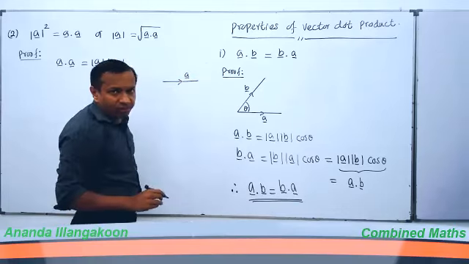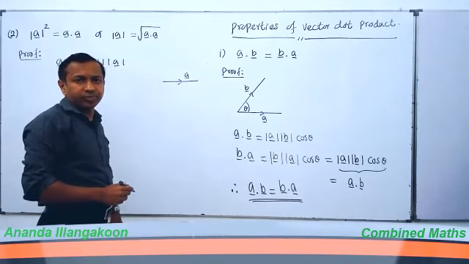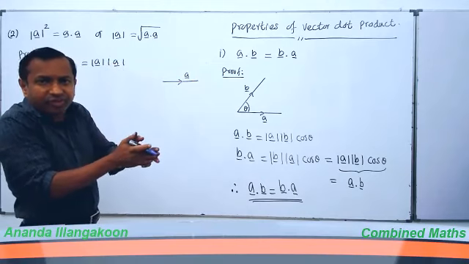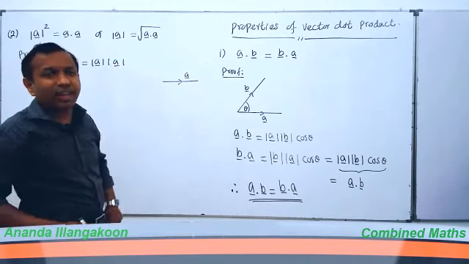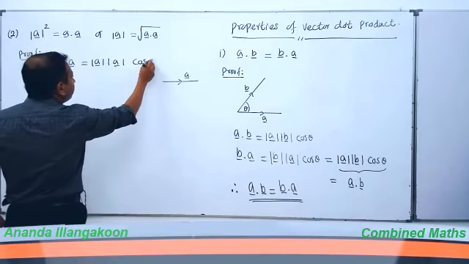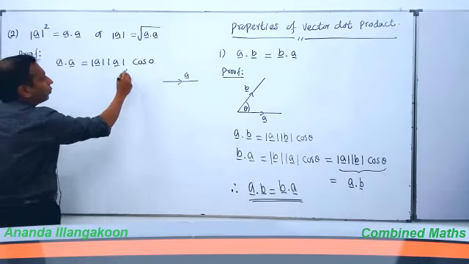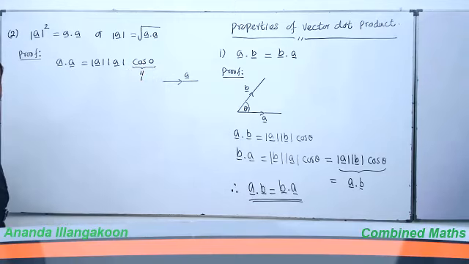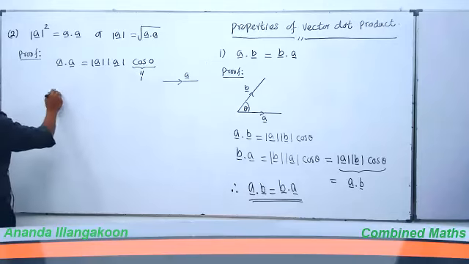So what is the angle between them? 0. The angle between the vector A and itself, no angle, people, angle 0. Cos 0, you know cos 0 is 1.